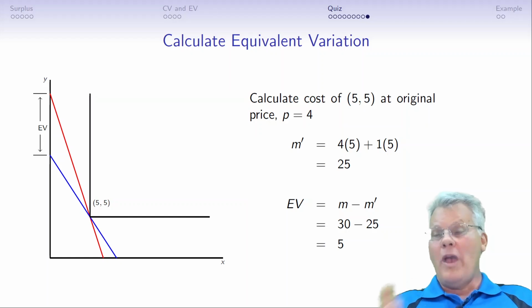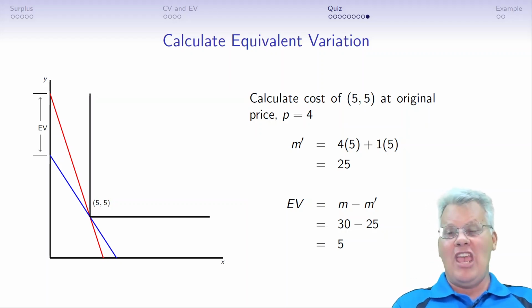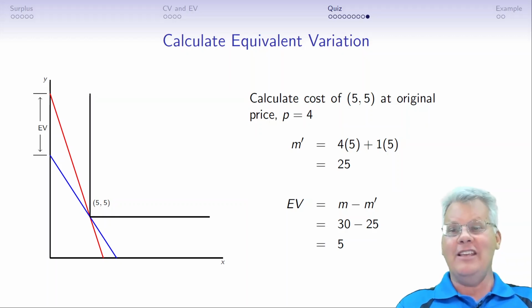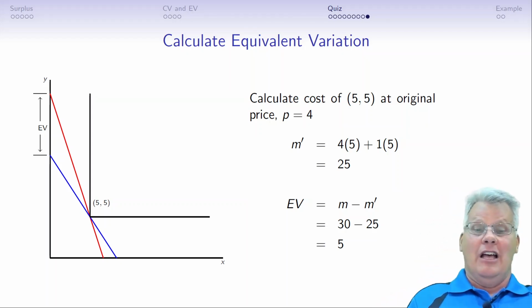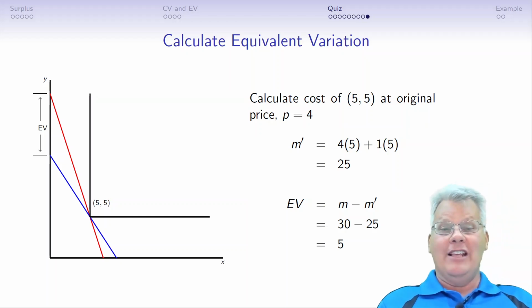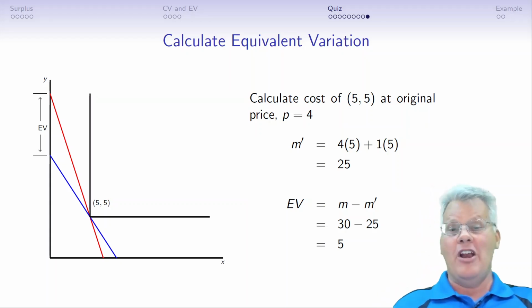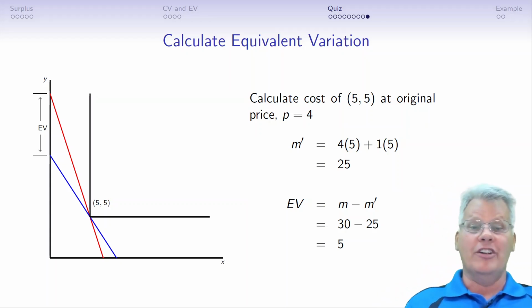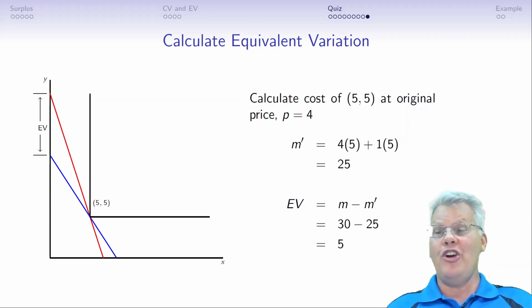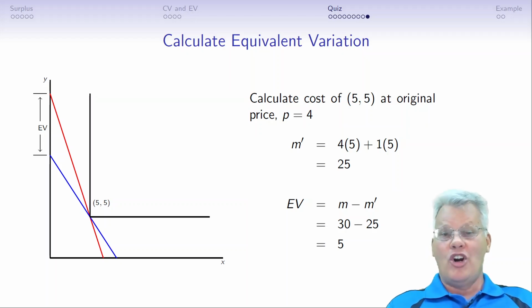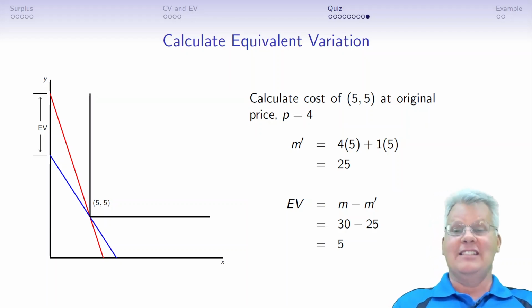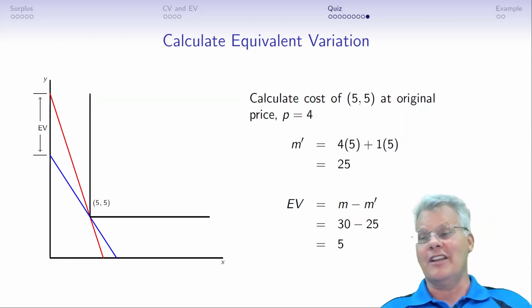So we have to take away enough income from Bernice such that she will choose 5,5. So we find out what it would cost to buy 5 earrings and have $5 left over when earrings cost $4 a pair. She would need $25. She originally had 30, so what we know then is that the price increase hurts Bernice as much as if she were to lose $5 of income.